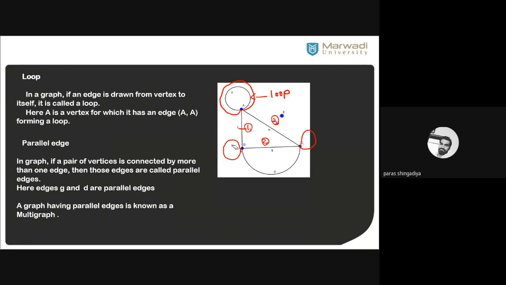So in the graph, if a pair of vertices is connected by more than one edge, you have to take one pair, and between those two vertices, if more than one edge is connected, then these edges are called the parallel edges. So here those edges are called the parallel edges, where edge G and D, G is this one and D is this one, between the two vertices B and C. These two edges are called the parallel edges, and the starting is B, the same for these two edges, and the ending is C, the same for these edges.